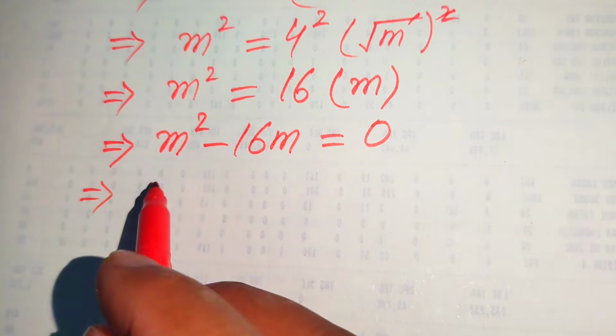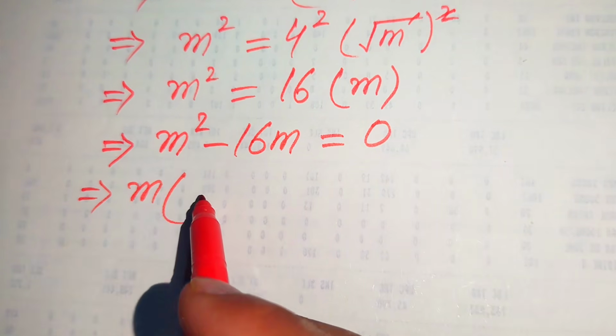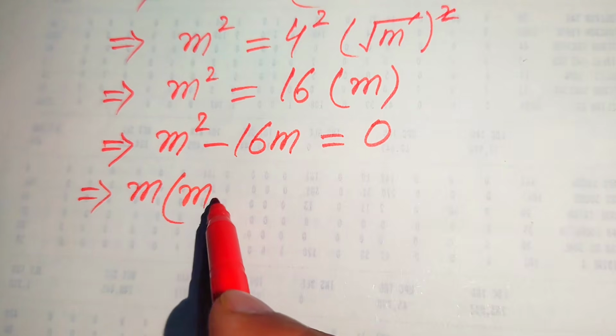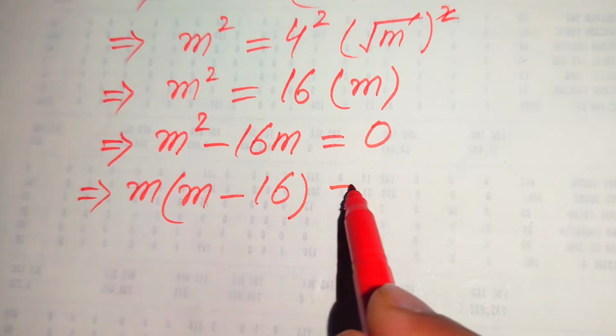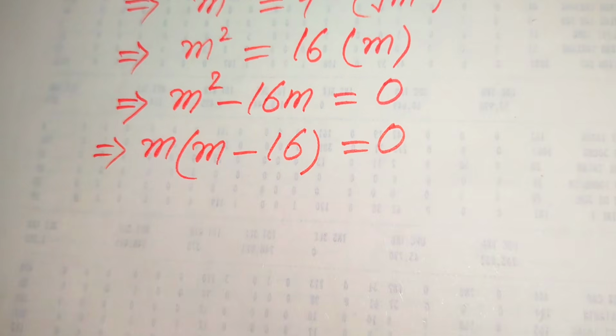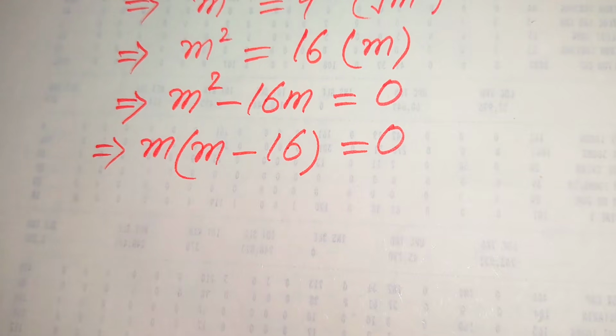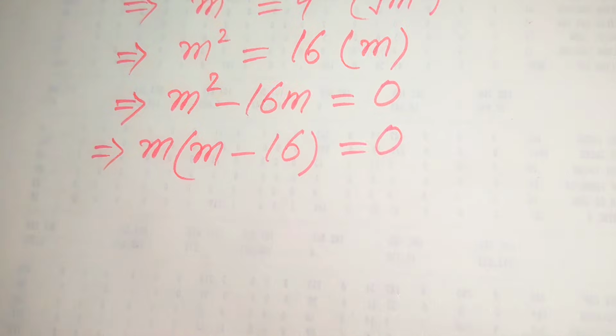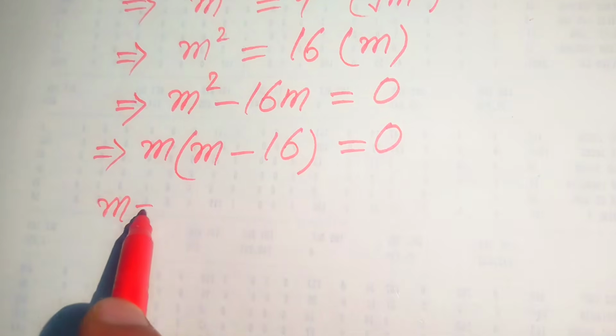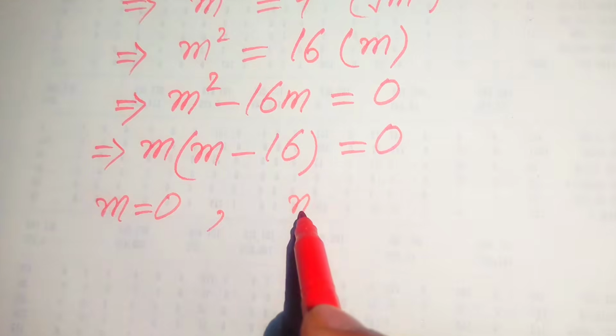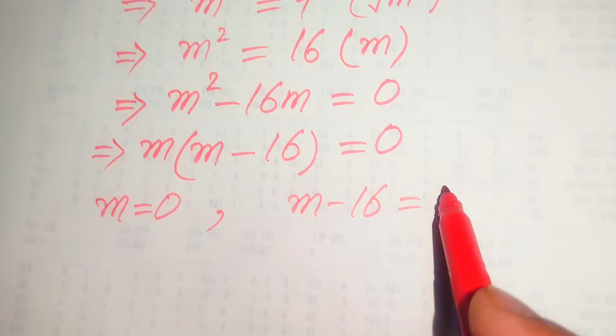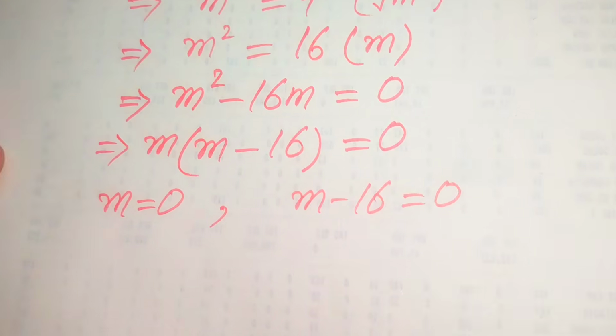Both of these two terms involve m, so we take m common from here, and the remaining values are m minus 16, and this whole equation is equal to 0. In the next step we divide this equation into two cases. The first case is m is equal to 0, and the second case is m minus 16 is equal to 0.